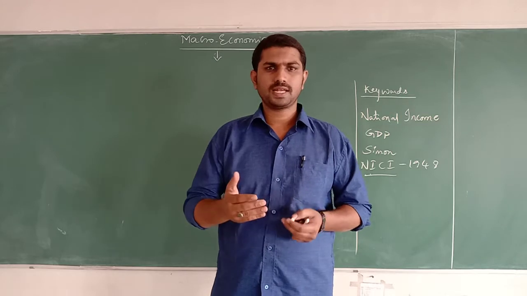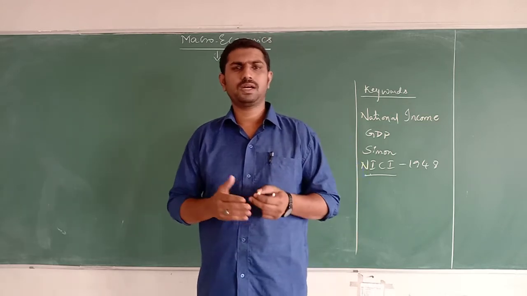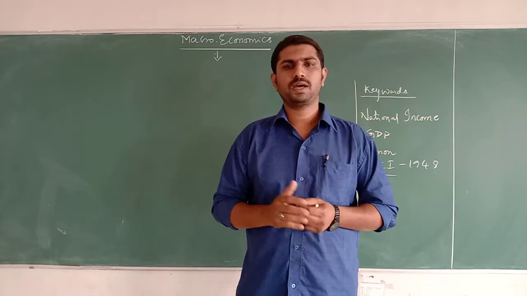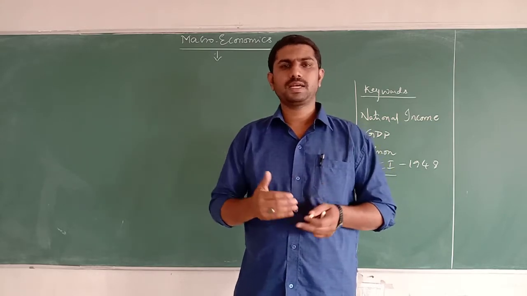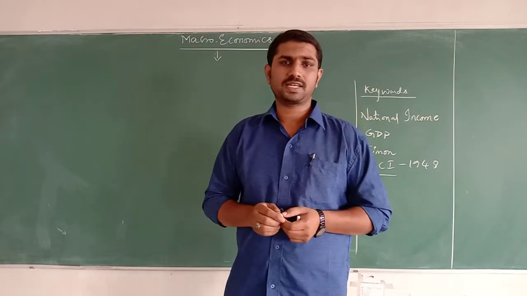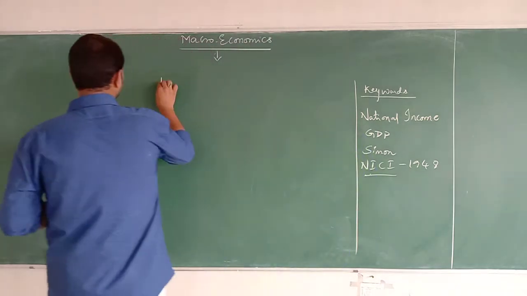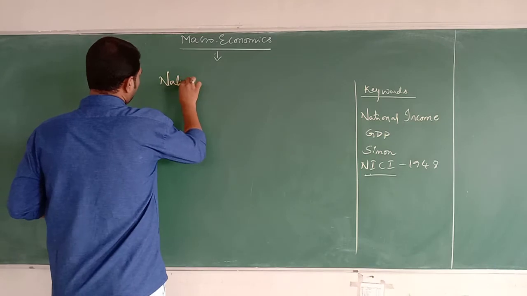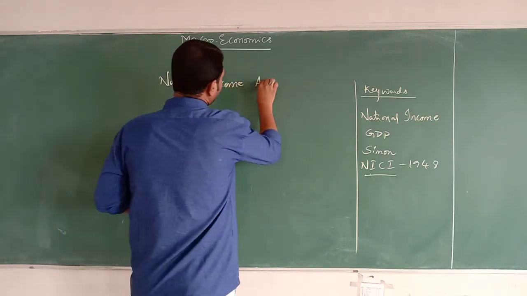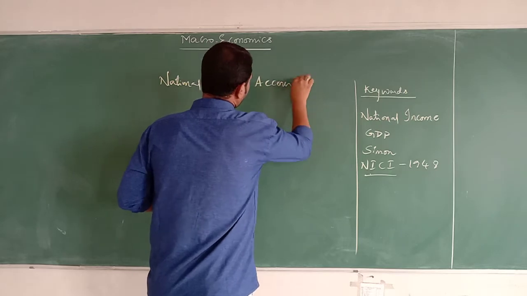In the last class we started with the topic called Introduction to Macroeconomics, and we are heading to the next chapter under macroeconomics, that is all about national income accounting.